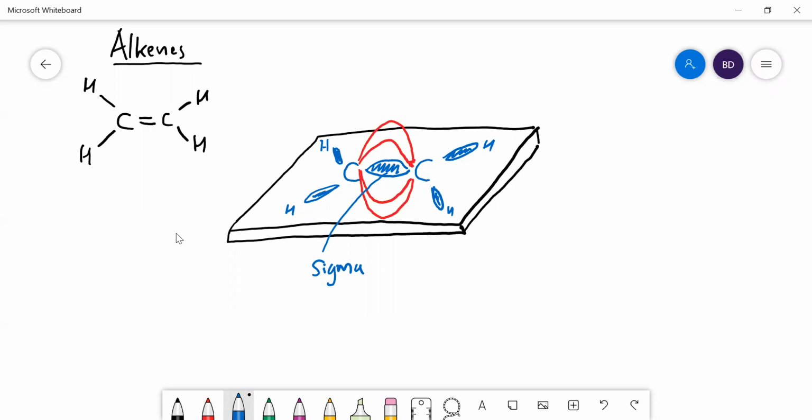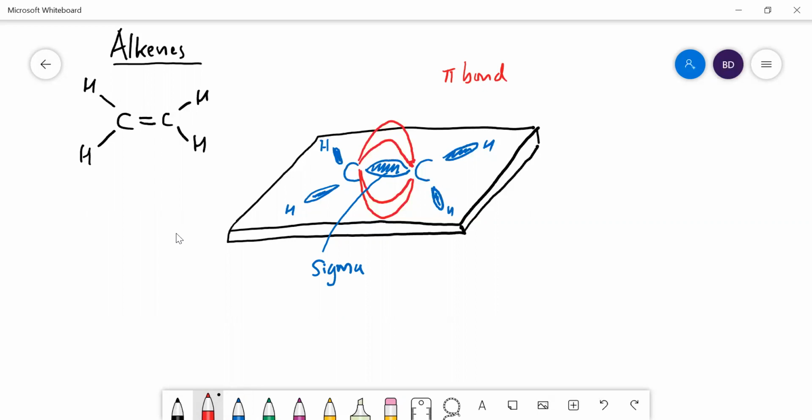So you've got a pair of electrons in there, each one provided by one carbon. And the other pair of electrons in that bond, these are the pi electrons. So this forms the pi bond. Now, alkenes are more reactive than alkanes, more interesting than alkanes.